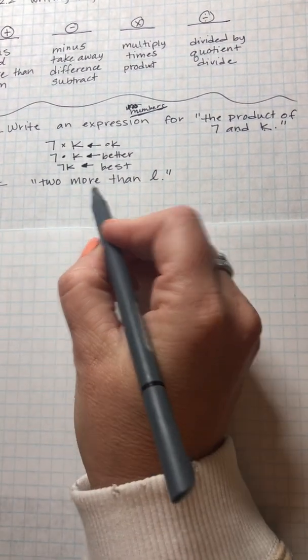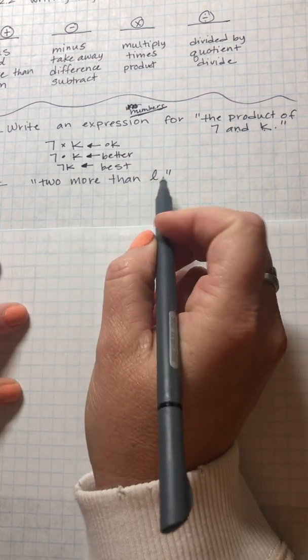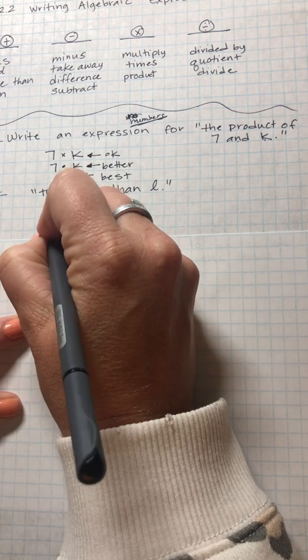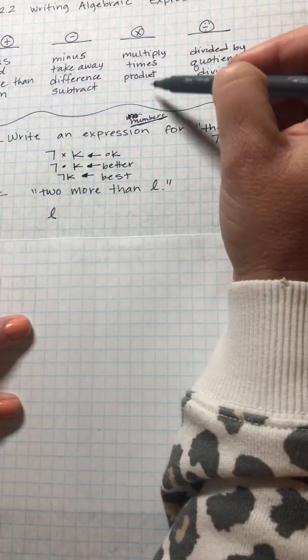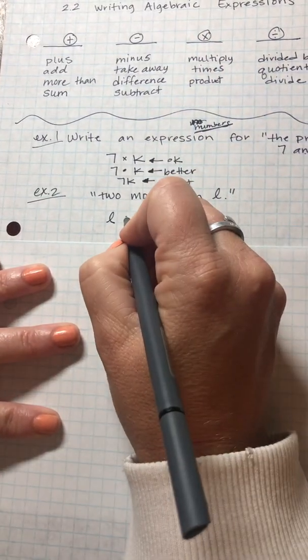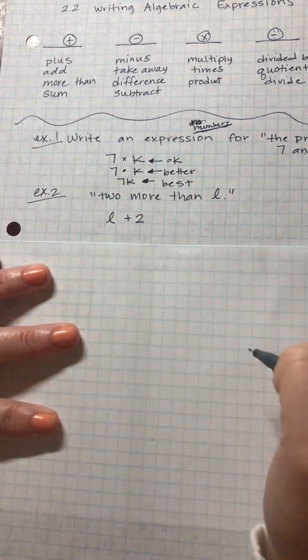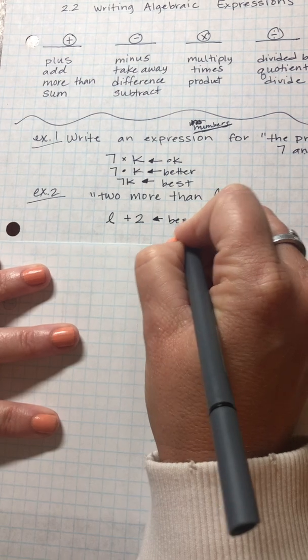Example 2, 2 more than L. 2 more than L. So that means I start with L, and then I have 2 more than that. So I'm going to go up here, and I'm going to check my list. More. That means addition. So L plus 2. Okay? This is going to be the best answer.